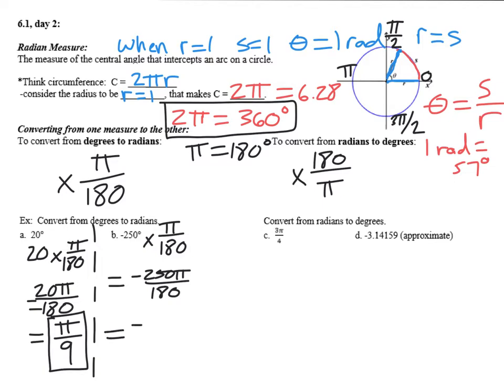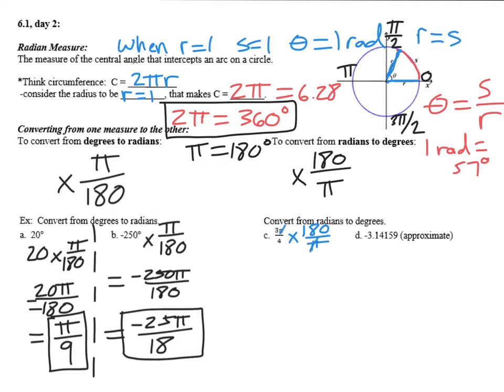The biggest factor that goes into both of those is 10, so we'd have negative 25 pi over 18. Okay. I'll just switch gears over here and do the opposite. 3 pi over 4, we'll multiply that by 180 over pi. This will happen a lot when you're going to degrees, but not always.